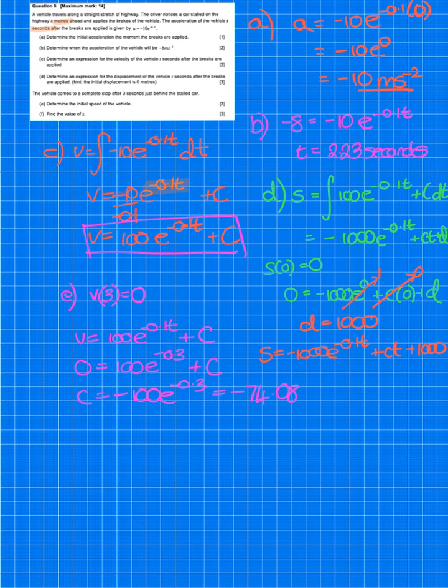74.08. So now we know that the formula for velocity is what it was before, but this is not positive, it's negative. Let's get that right. Negative 74.08 on the end. So now we know that. What did the question say again? Find the initial speed. Well, speed is velocity.